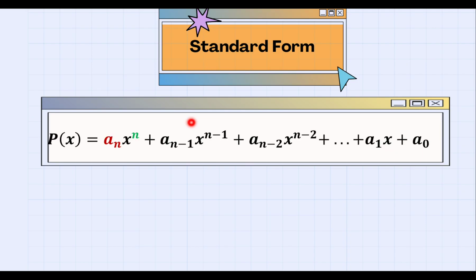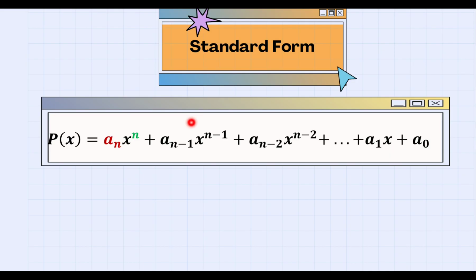We have the polynomial in one variable, and in this case, P of x is equal to, careful again how we read, a sub n times x raised to n plus a sub n minus 1 times x raised to the difference of n and 1 plus a sub the difference of n and 2 times x raised to the difference of n and 2 plus, and so on, plus a sub 1 times x plus a sub 0.